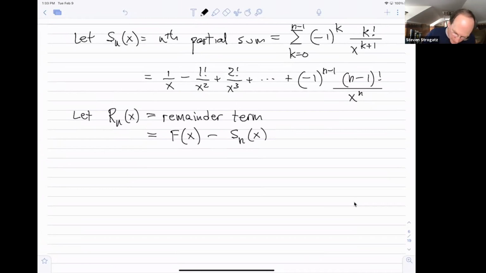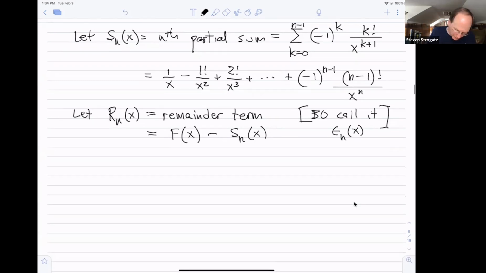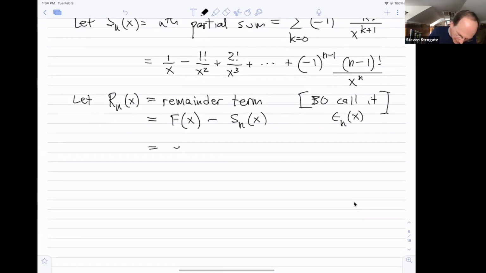They would call it epsilon n of x, and might also refer to it as the error term, epsilon for error. Either way, you can interpret this remainder as the error we make in approximating f by stopping at the nth term.